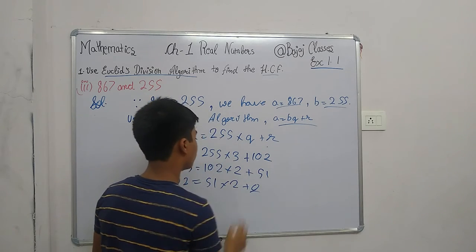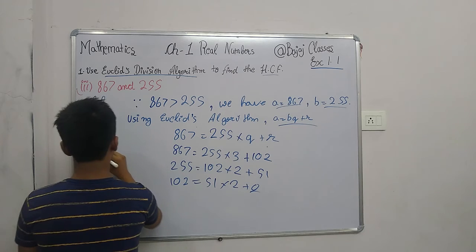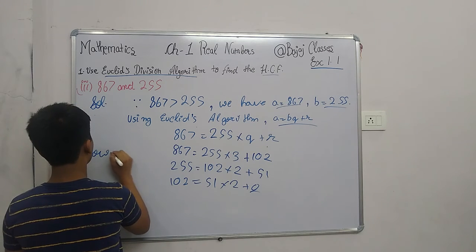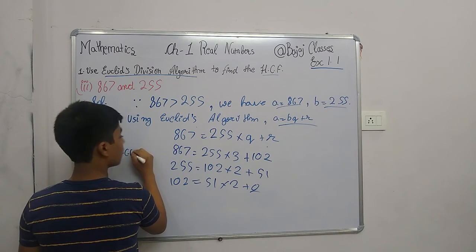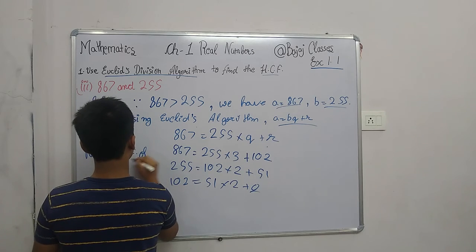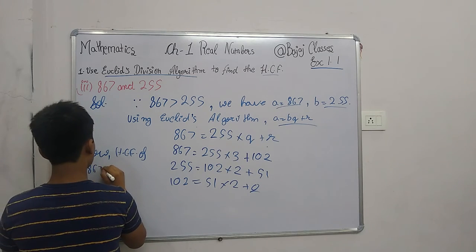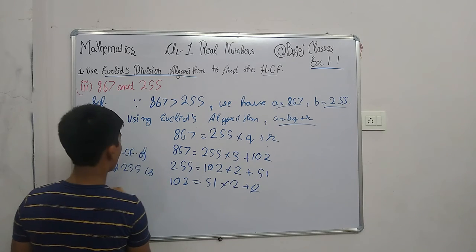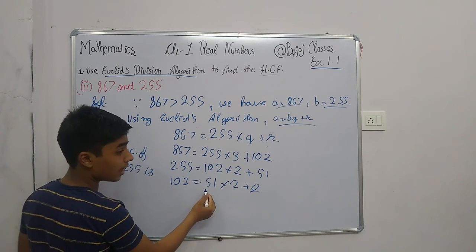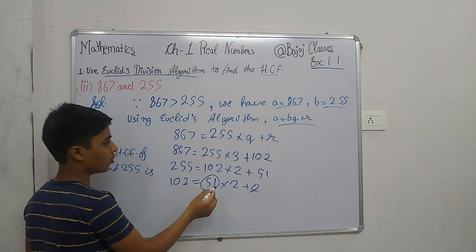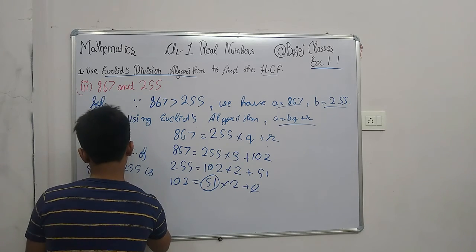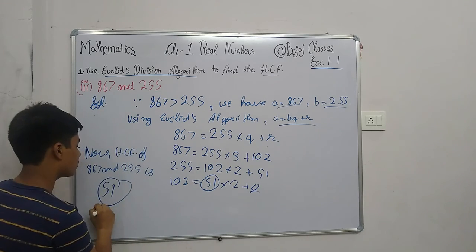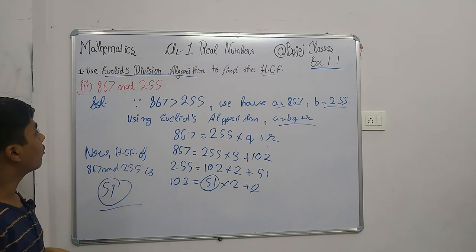Now we got the remainder 0, and the HCF of 867 and 255 is the B value, or you can say the second value, that is 51. So our HCF is 51.